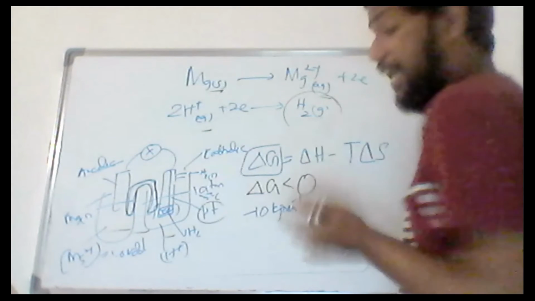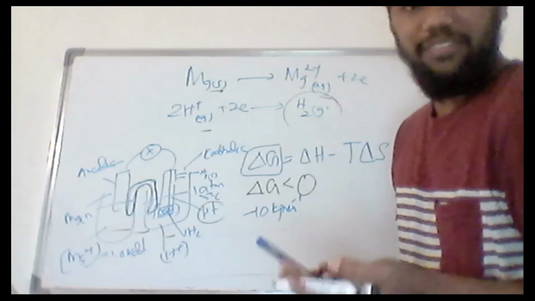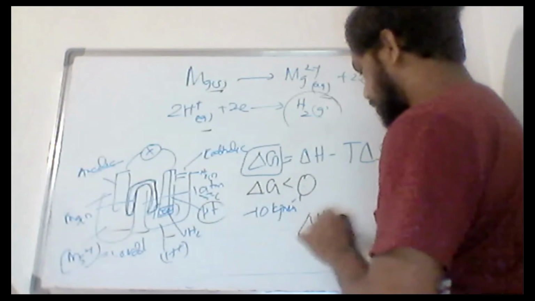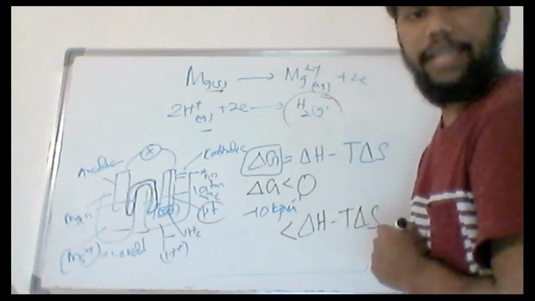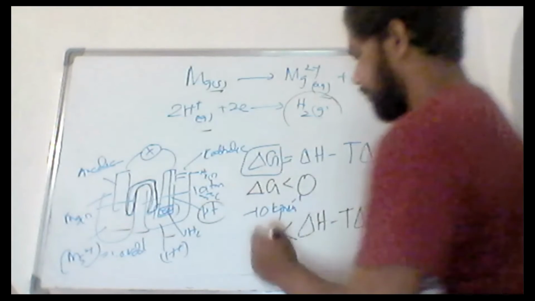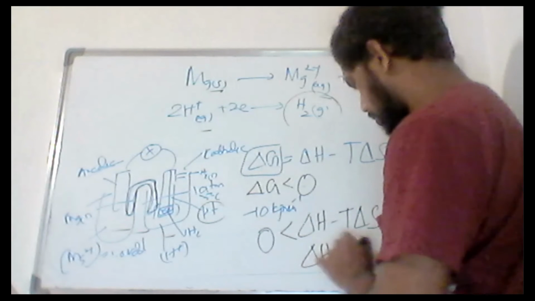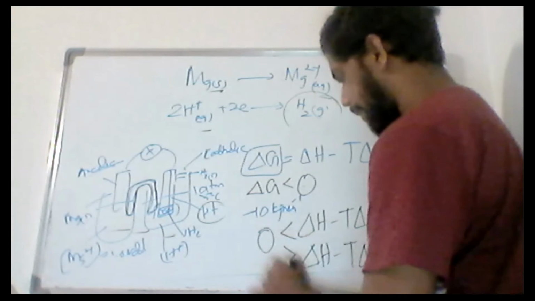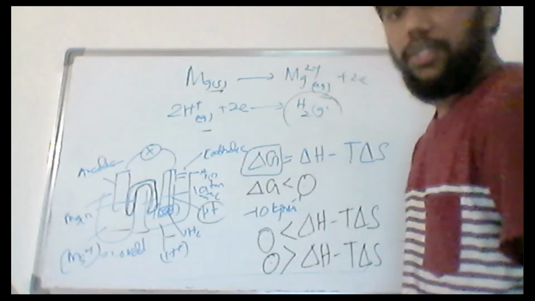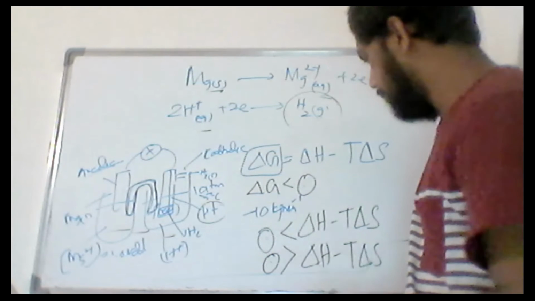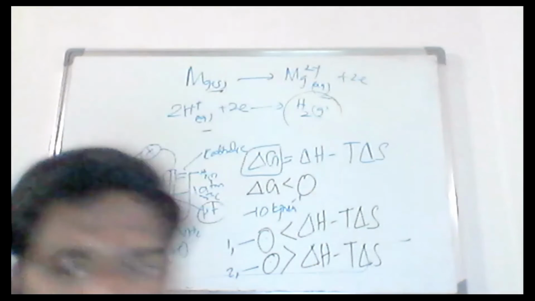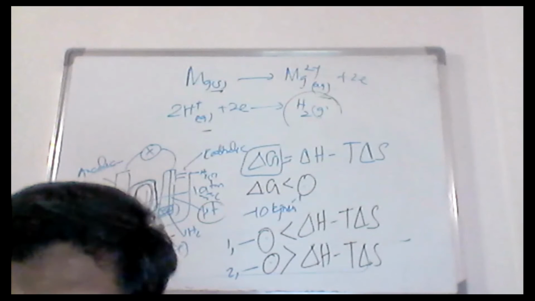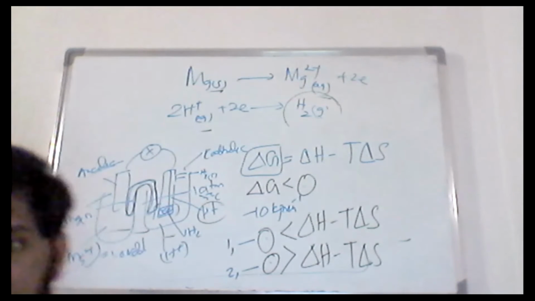So you can automatically think about this situation where your delta H minus T delta S is greater than 0 or less than 0. You can use the chat box and tell me the relationship is this one or this one, for this reaction to be spontaneous. Quickly, first or second.